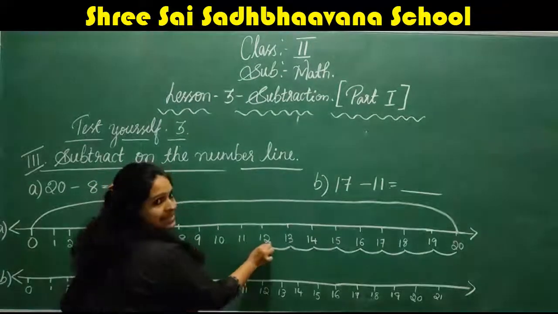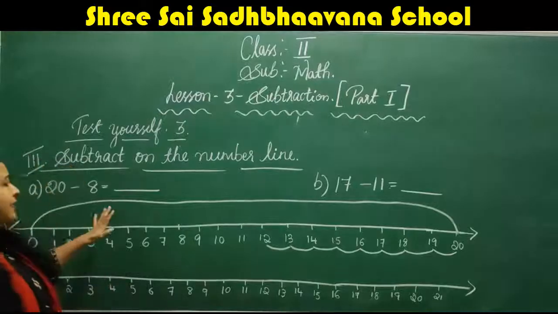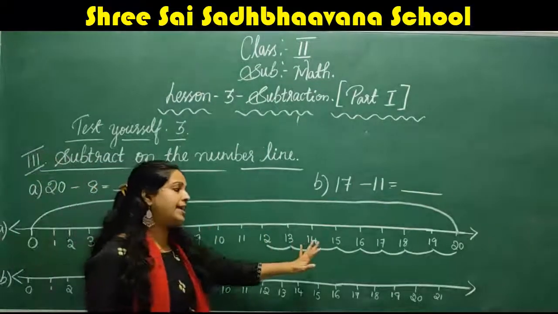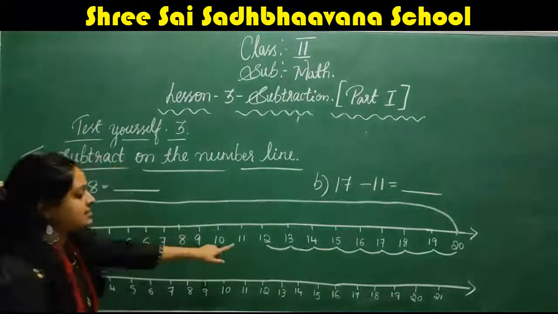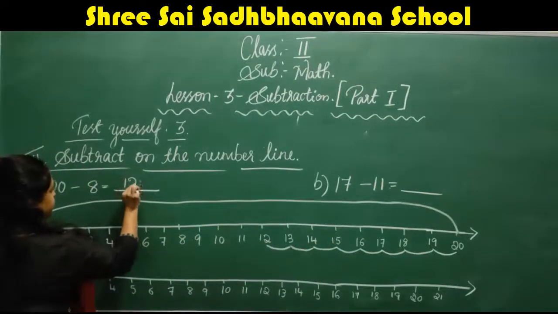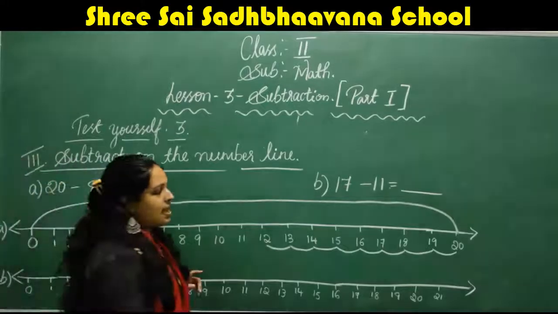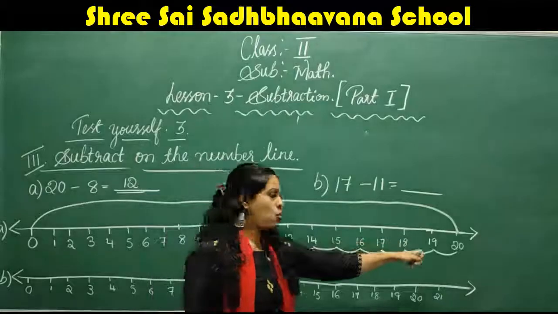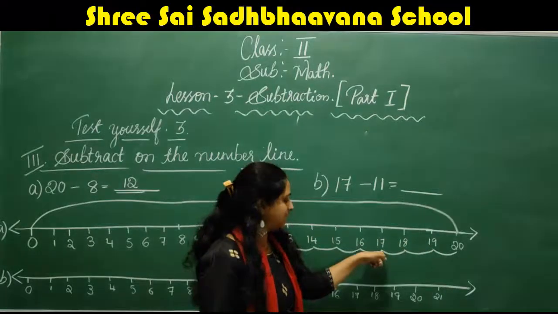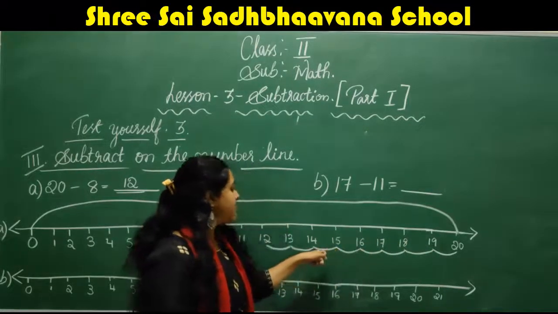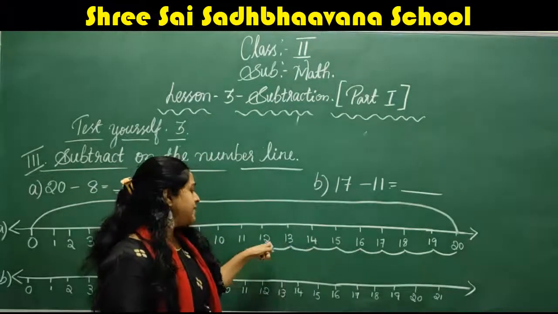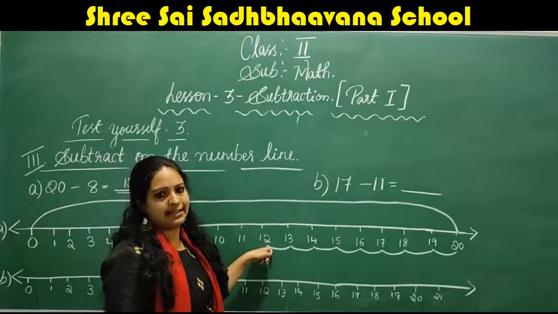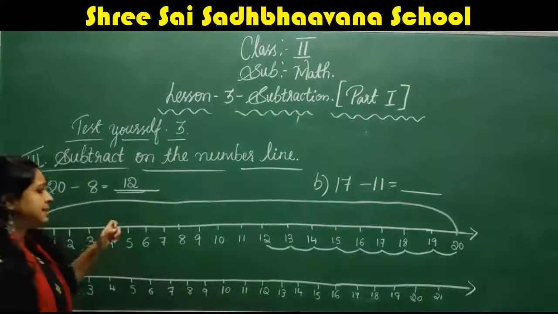I got 12 as the answer. When I'm subtracting 8 from 20, I got the answer as 12. I started from here, counting 1, 2, 3, 4, 5, 6, 7, 8. So what is the answer I got here? 12 is the answer. Next one, let us see.